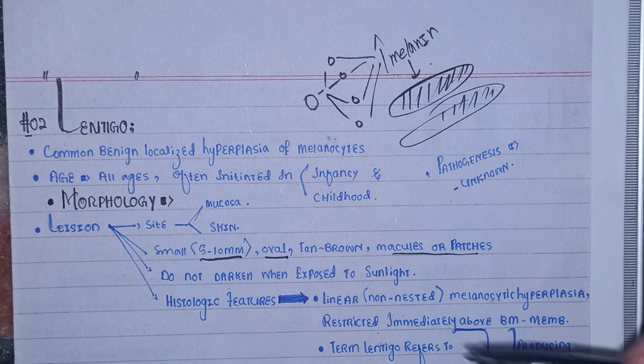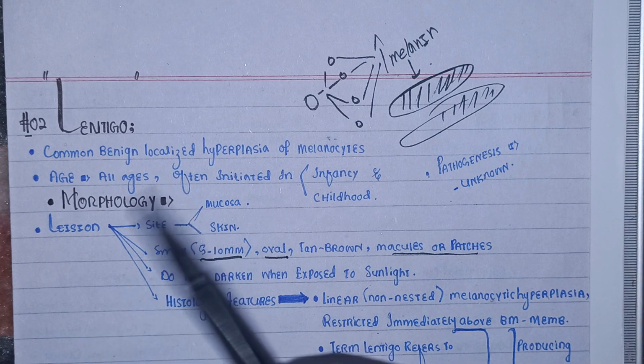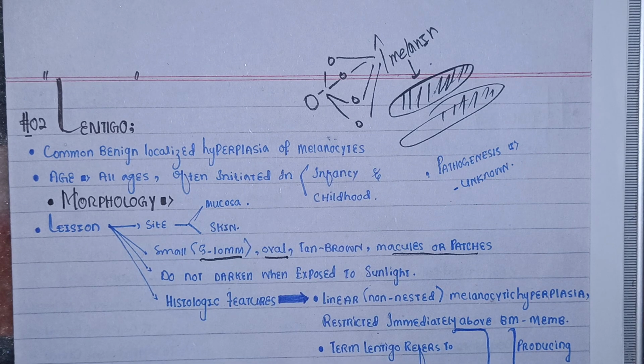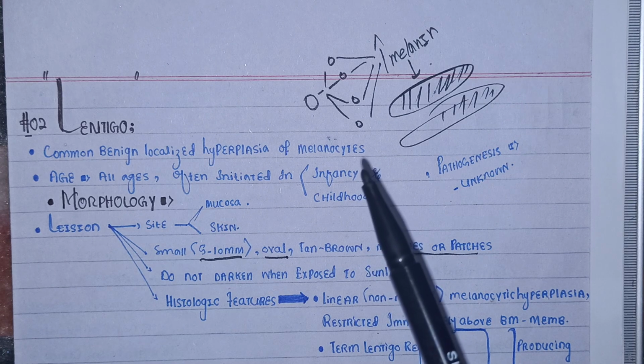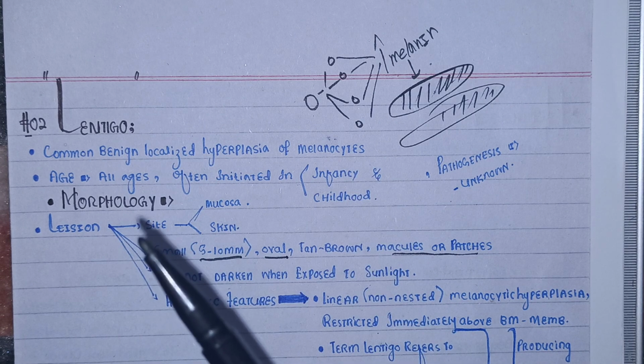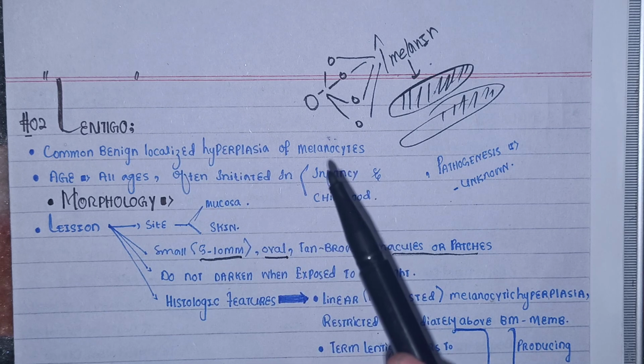So far, how many differences have we discussed between freckles and lentigo? Difference number one: in freckles, the number of melanocytes is normal; the melanocytes were only increased in size and melanin production, but in lentigo there is hyperplasia of melanocytes.